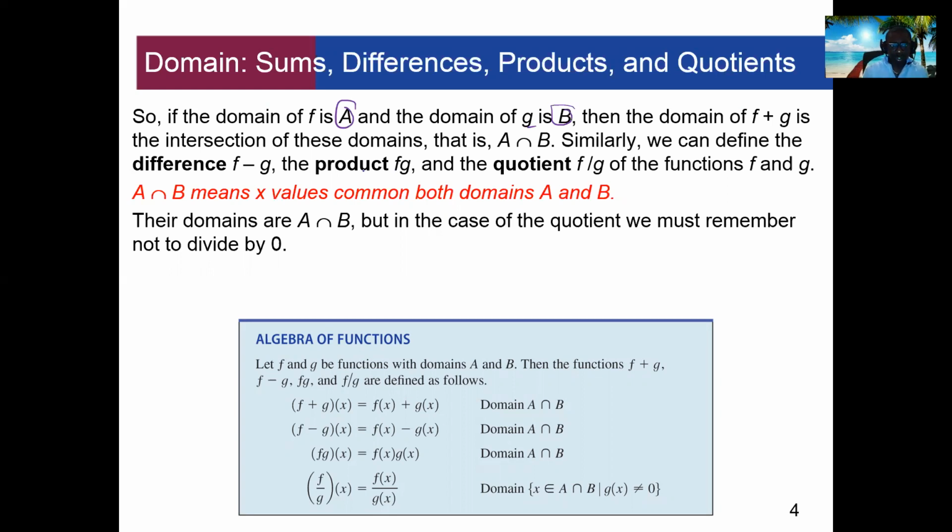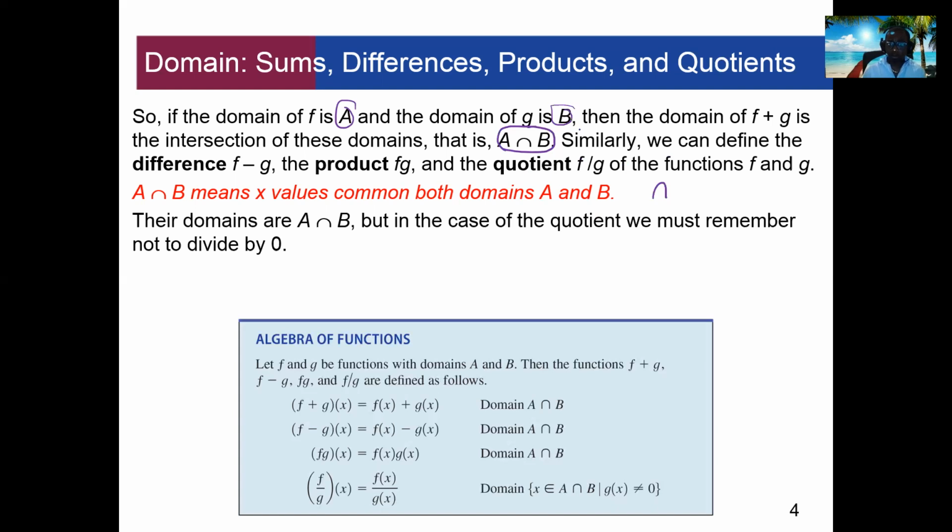It is going to be the domain A intersection B, this symbol means intersection. That is the values of x that are common to both the domain of the function f and the domain of the function g. And we apply the same to the difference, the product, and then the quotient.